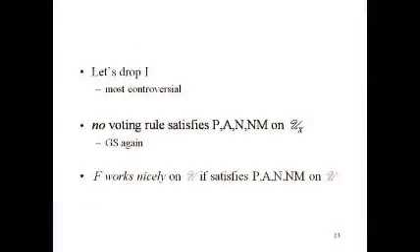I said several times that by far the most controversial axiom, although still a very reasonable axiom, was this independence assumption. And there's a large literature criticizing it, just as there's a large literature justifying it. I think it's reasonable to see what happens when we drop it, and that's what the second result does.